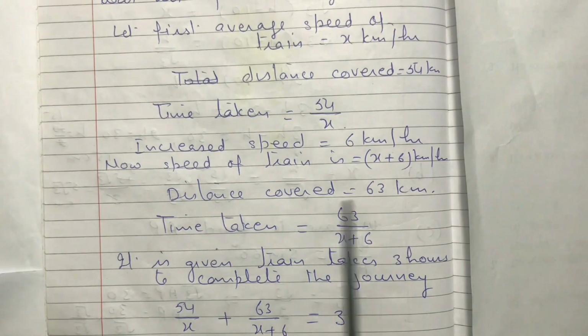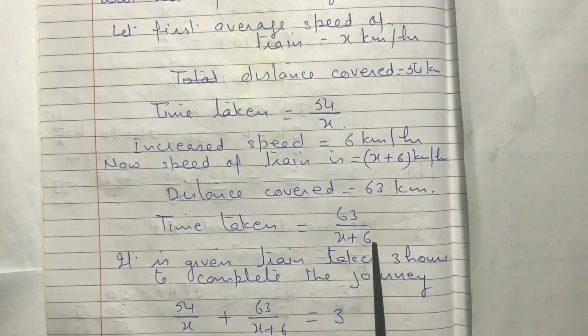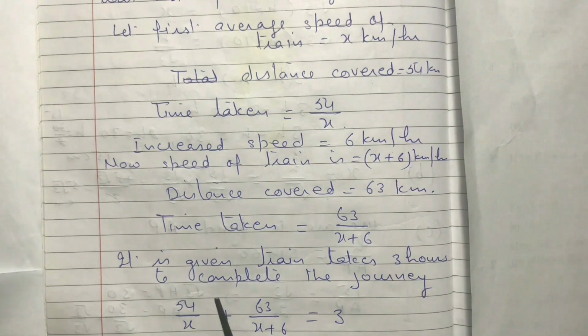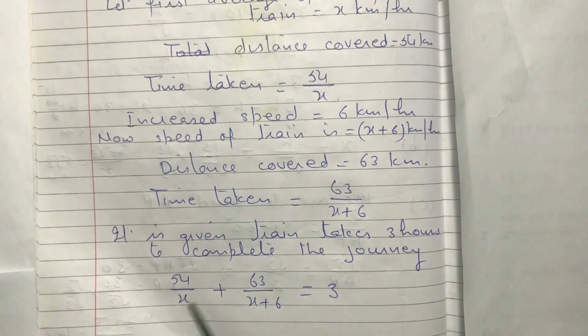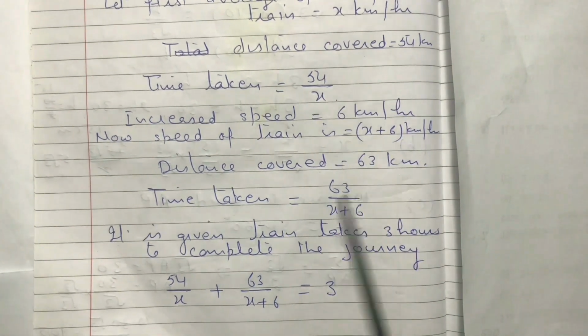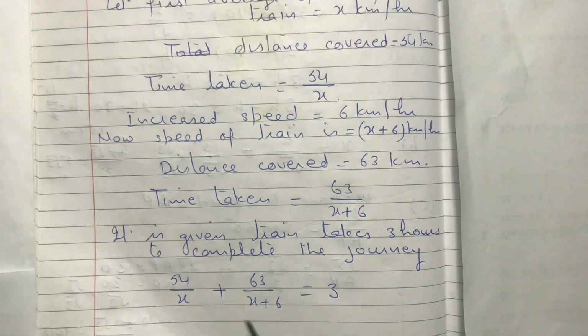Now distance covered is 63 kilometer. Time taken is 63 upon x plus 6. Now it is given that the train takes 3 hours to complete the journey. It means 54 by x plus 63 by x plus 6 is equal to 3. According to the question, this is the equation. Now here we will solve this equation.